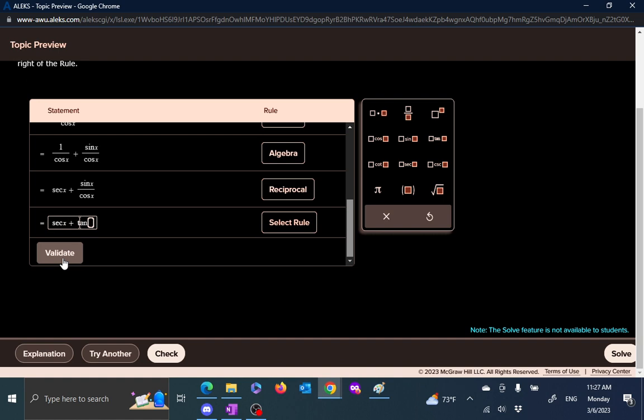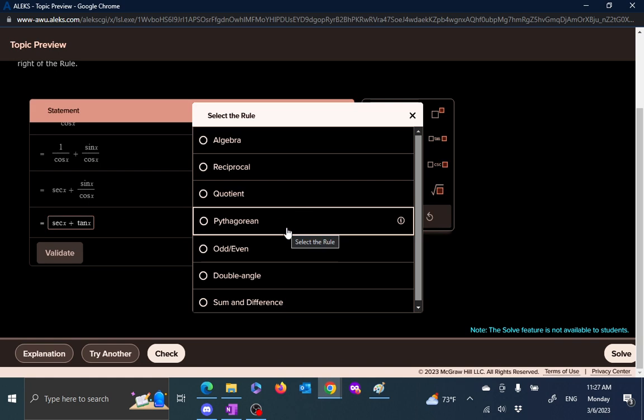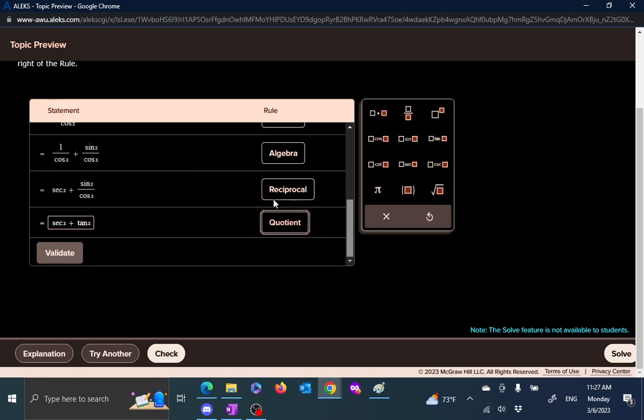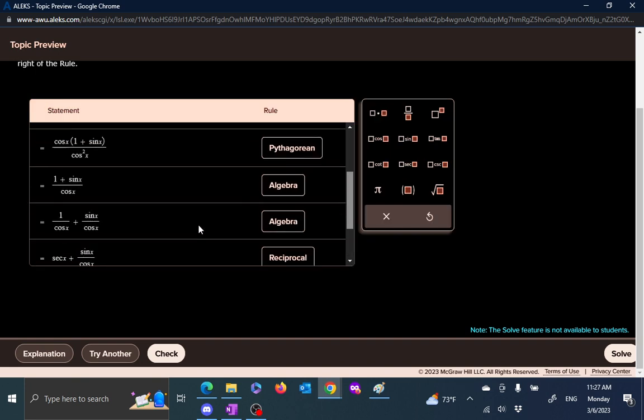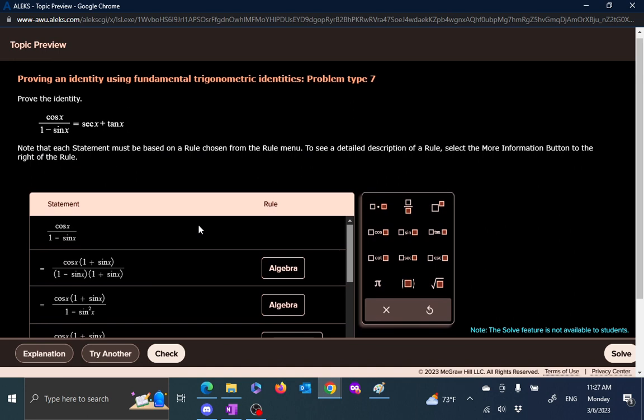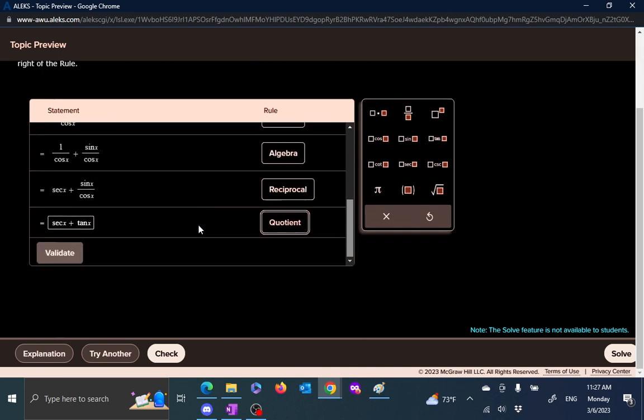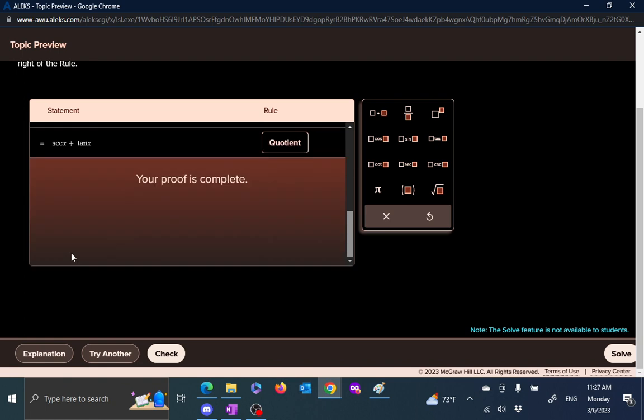Sine over cosine, I remember that it's tangent of x by the quotient identity. Okay, quotient and reciprocal, two separate categories. And what is it that we wanted to have? We wanted to have that this right hand side is secant plus tangent, and that is what we got, so we should be good to go. So our proof is complete.